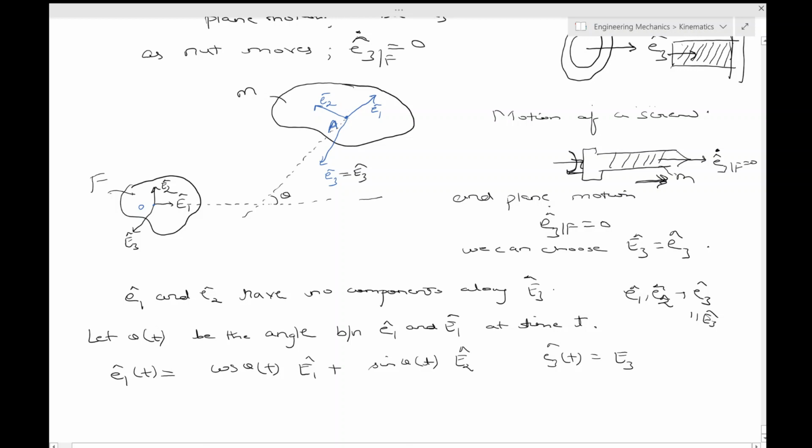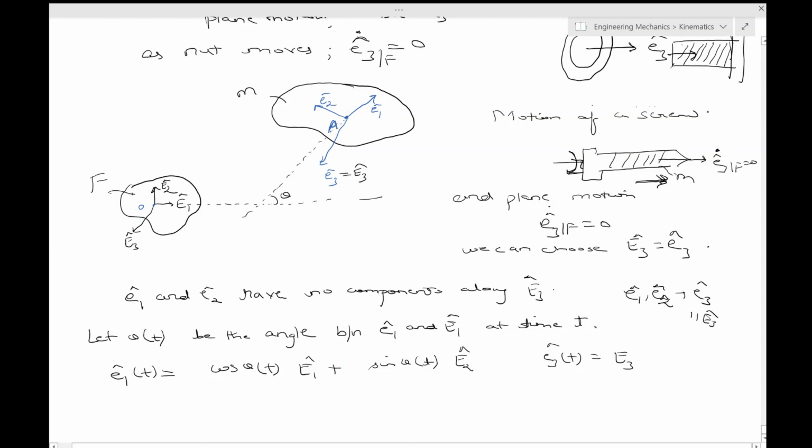What we have just done is write this vector E1 in terms of the basis vectors capital E1, capital E2. Clearly there will be no third component along capital E3. The way we could have written it is using this cos theta and sin theta.